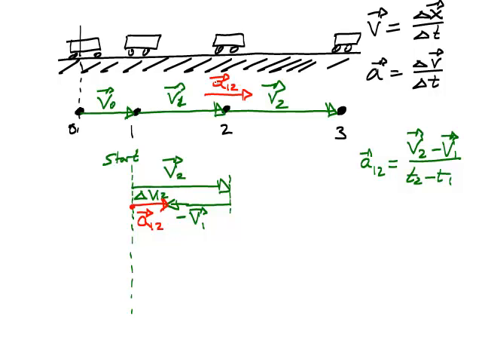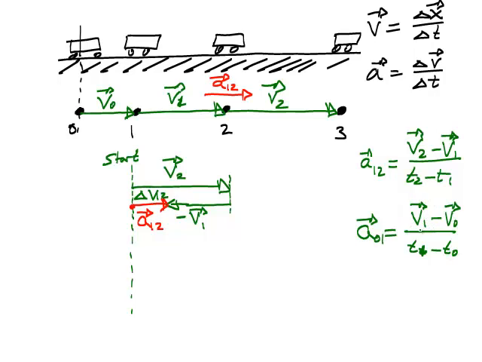I can do the same thing for velocity from v0 to v1. So again, I'm going to look at the difference. Acceleration between 0 to 1 is going to be v1 minus v naught. So now I want to read this again from left to right.